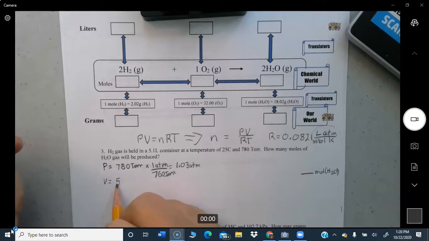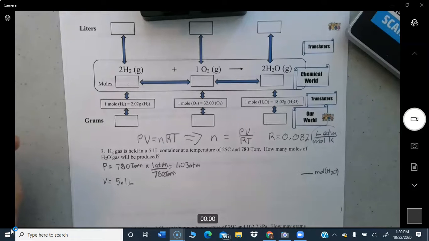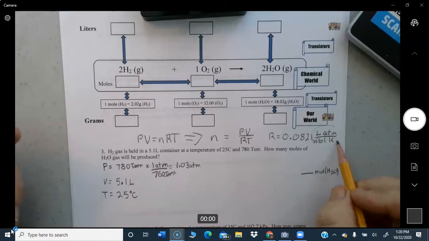Okay, next we have volume. Volume equals 5.1 liters. That's good. We need to be in liters here. If it was milliliters, we'd have to make the conversion to liters. That one's fine. Okay. Next is temperature. And that's in centigrade. It has to be in Kelvin. That's what the constant is calibrated in here.